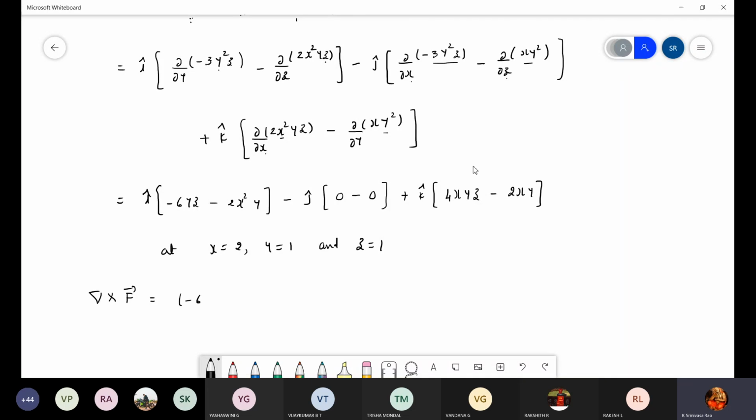Minus 6 minus x² is 4, 4 into 2 is 8, 8 into 1 is 8, i cap. This is 0, no need to write j. And here plus 4 into x into y into z, 4 into 2 is 8, minus 2xy, 2 into 2 is 4. So final answer.